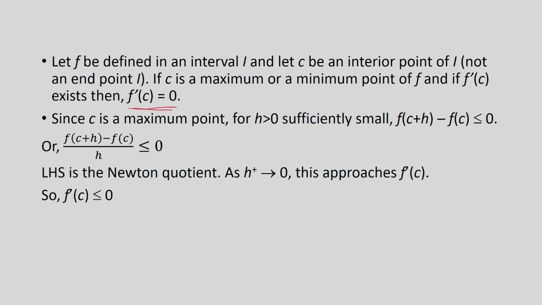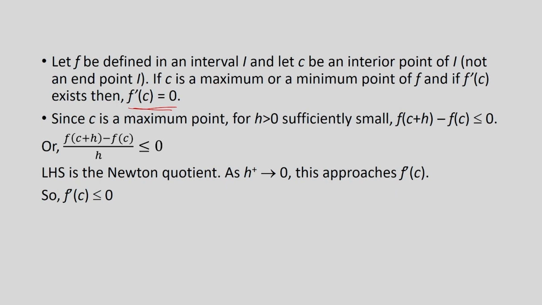So, this is a very important property. So, you have a function which is defined over an interval, and suppose there is a point in that interval which is, let us suppose C, and it is an internal point, and suppose there is a maximum or minimum at C, then it must be the case that f dash C is equal to 0 if f dash C exists.